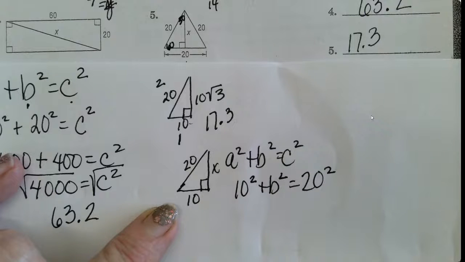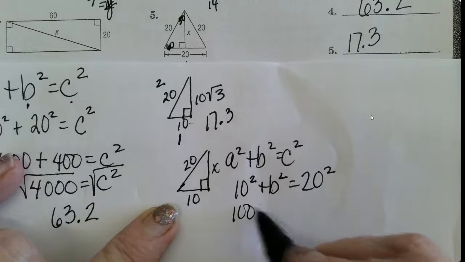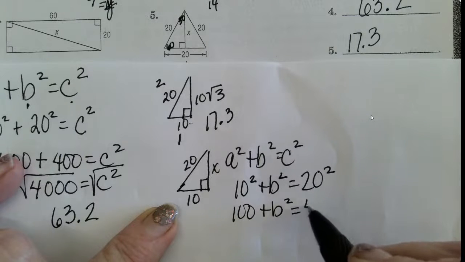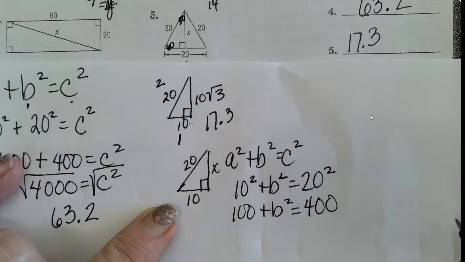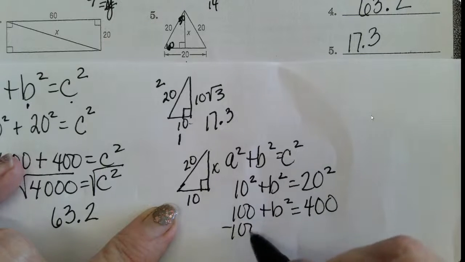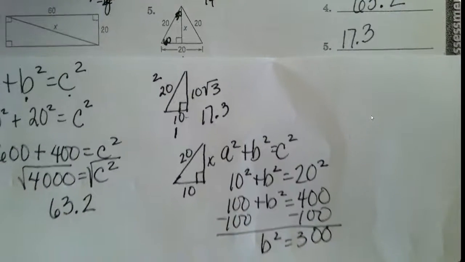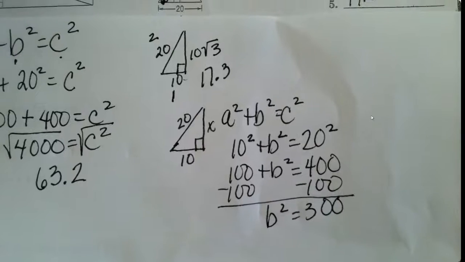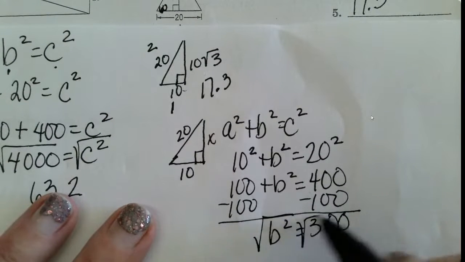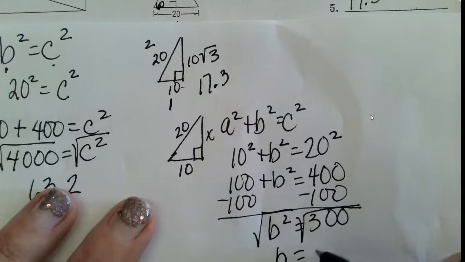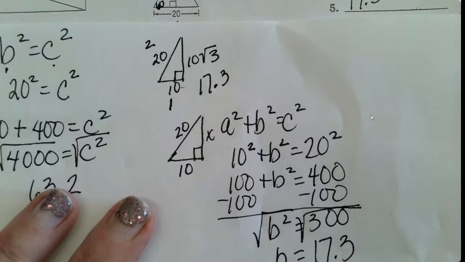So you don't have to memorize those special right triangles to still be able to answer this question, right? So that's going to be 100 plus b squared equals 400. And then we're going to subtract 100. So b squared is 300, right? And you're going to take the square root, and what do you wind up with? See how we get the same answer either way? So you could do that problem either way. Okay?